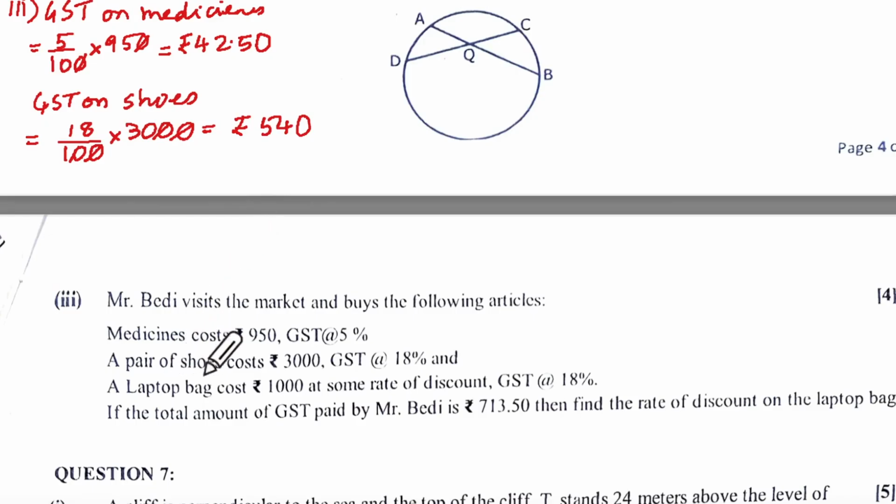Then we come to laptop that costs at some rate of discount. So let discount on bag equal to X%. Correct? So therefore, discount X%. Therefore, discounted price. How much will be discounted price? Tell me.